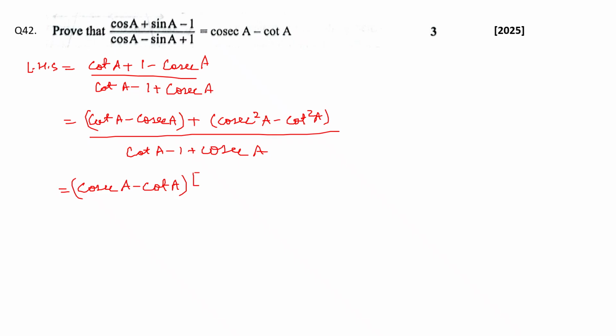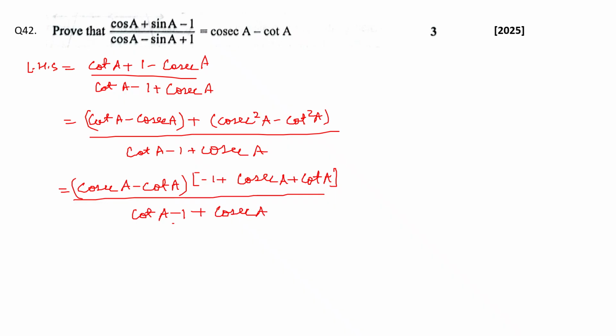So you will be left here with minus 1 plus cosec A plus cot A, divided by cot A minus 1 plus cosec A. So this and this will get cancelled and you will get cosec A minus cot A, which is your RHS. Okay. So this is question 42 also done.